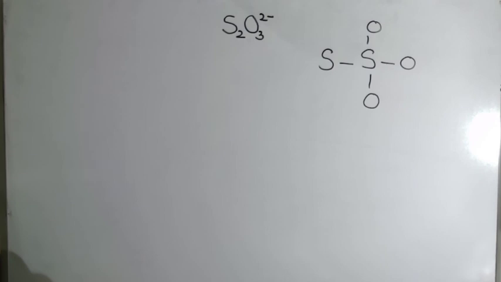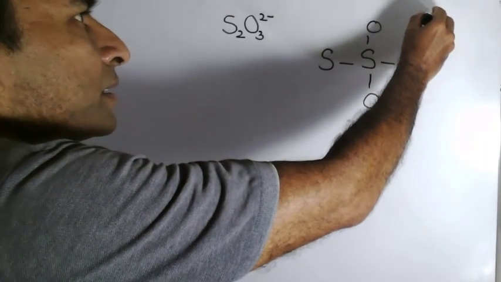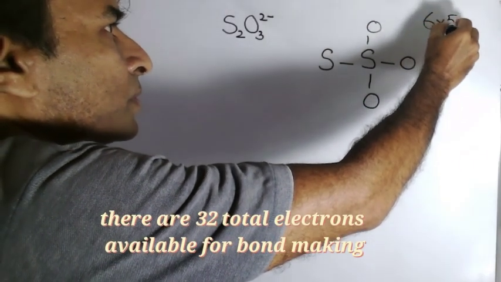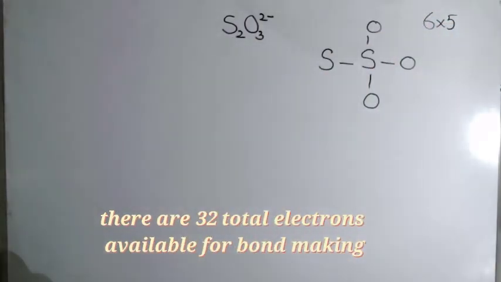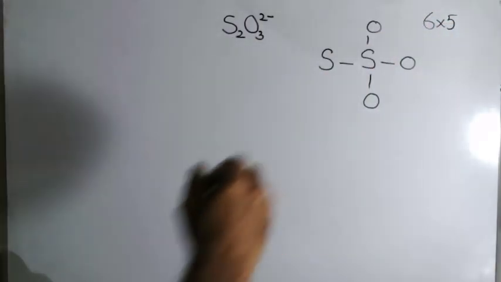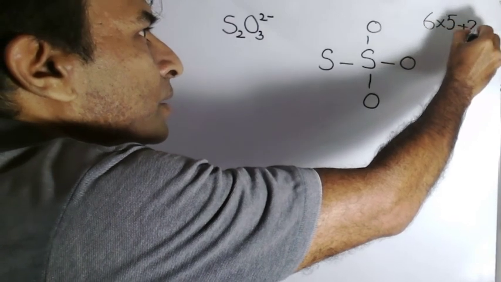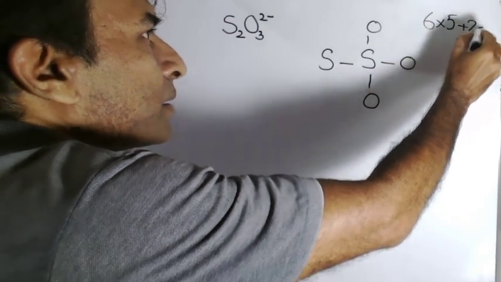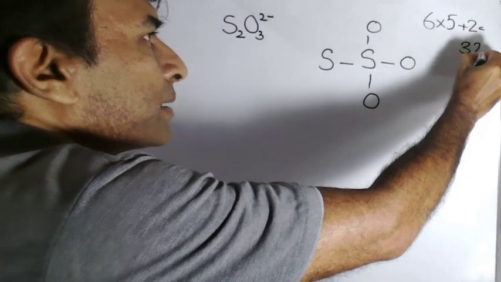So now we count the total valence shell electrons that will be provided by each atom. There are 5 atoms. Each atom has 6 valence shell electrons. So 6 times 5 and 2 negative charges will add up to 32 electrons.